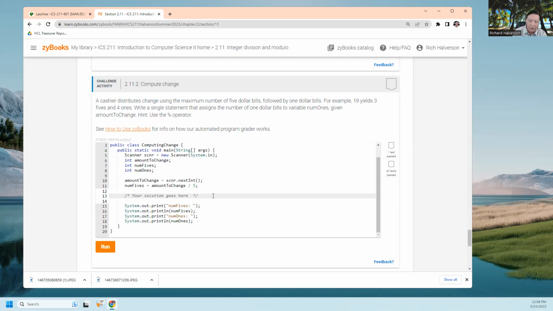So num1s is where I want the answer. num1s equals amount to change modulo 5. Is there a 5 or do I just put 5? I guess I just put a 5.